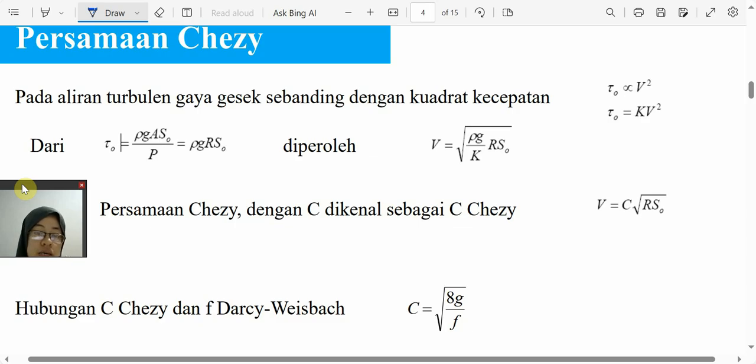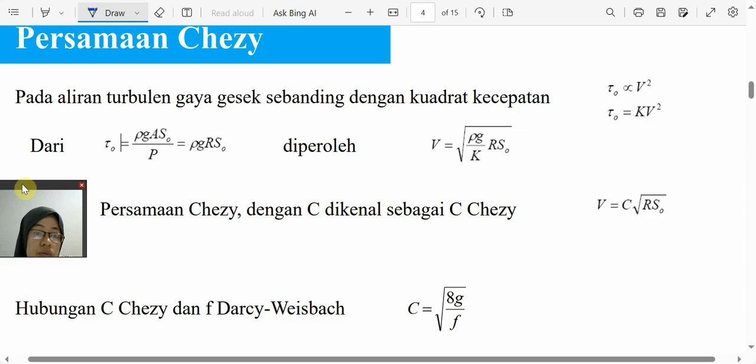Chezy was a researcher from many years ago.